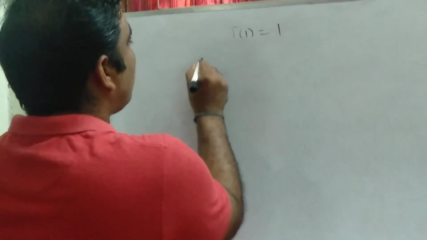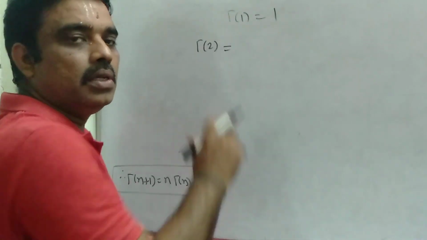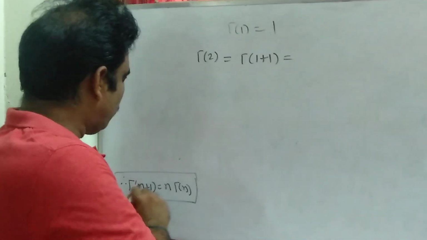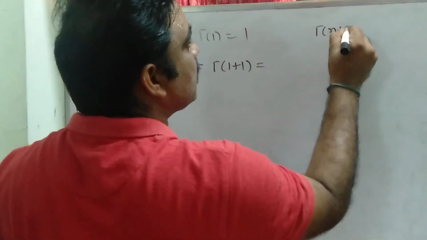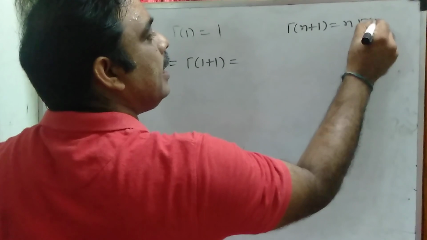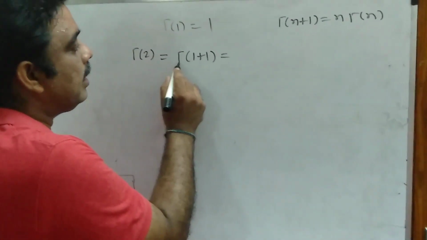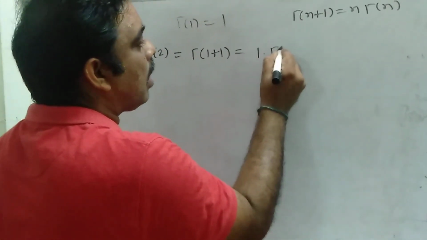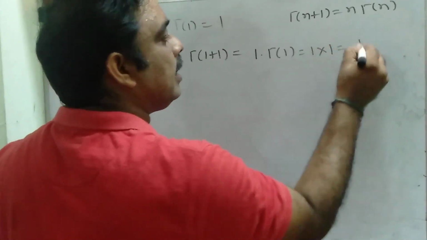Now I want to calculate gamma of 2. Gamma of 2 is nothing but gamma of 1 plus 1. I am writing it in the notation gamma of n plus 1. The reduction formula is gamma of n plus 1 is equal to n into gamma of n. So gamma of 2 is written in the form gamma of n plus 1, so n is 1 into gamma of 1. That is 1 into 1, that is equal to 1.